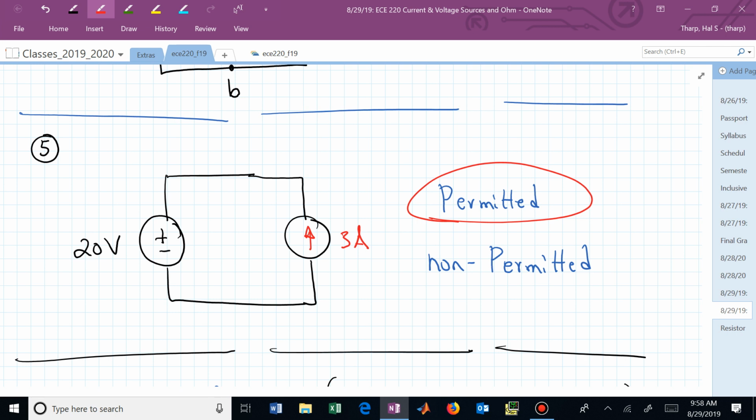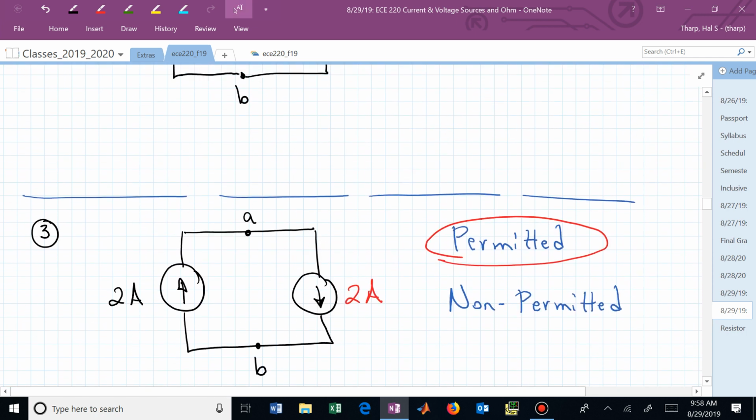Yes? In number 3, if I switched the arrows, or can I do this? Now you're basically saying, well, let me do what you requested initially. You said, can I do that?